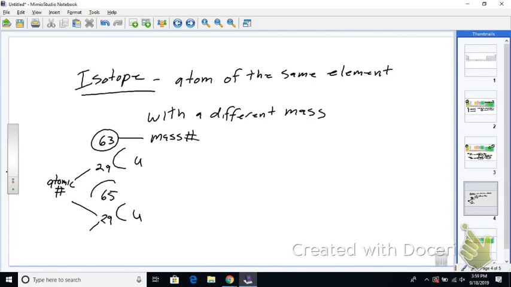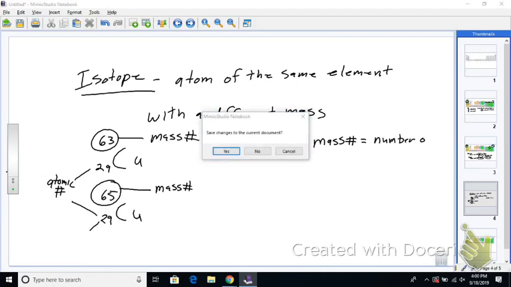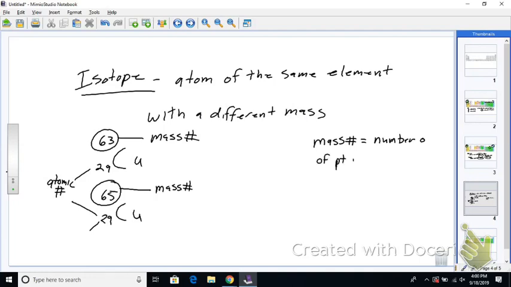So this number 63 is the mass number. And this 65 for copper, the other isotope, since copper only has 2 isotopes, is the mass number for copper. So what is the mass number? Well, definition-wise, the mass number is the number of protons and neutrons in the nucleus, or the number of protons plus neutrons.